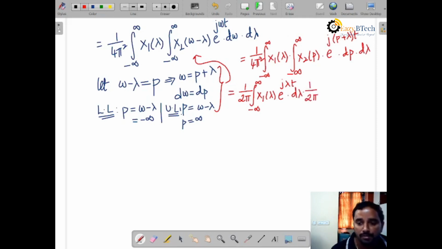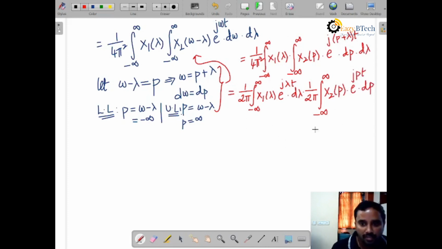So 1 by 2 pi, 1 by 2 pi we can write, and the second integral minus infinity to plus infinity x2 of p e to the power j pt dp.